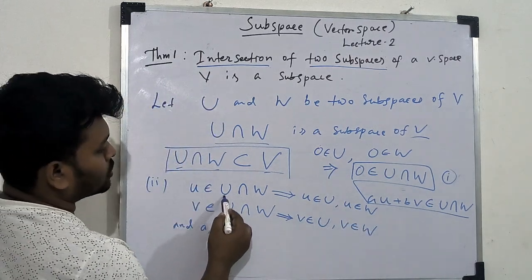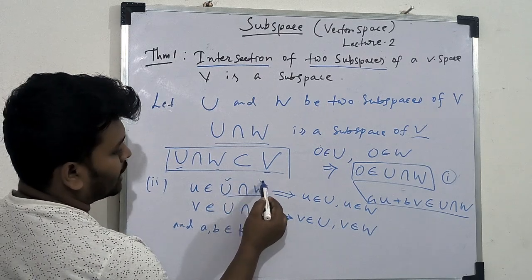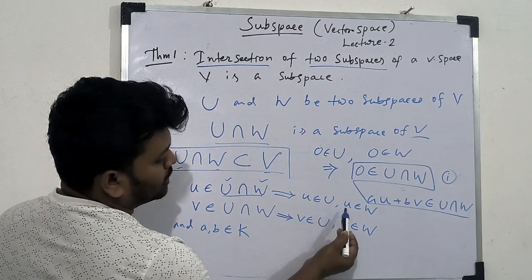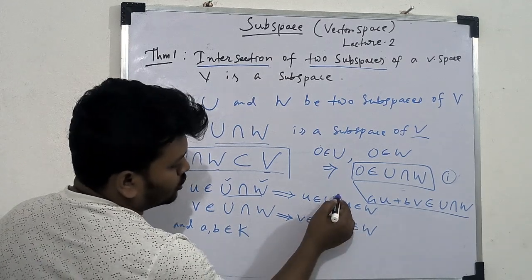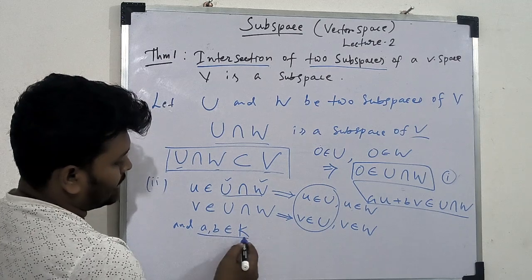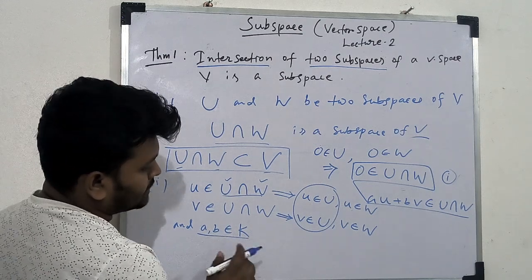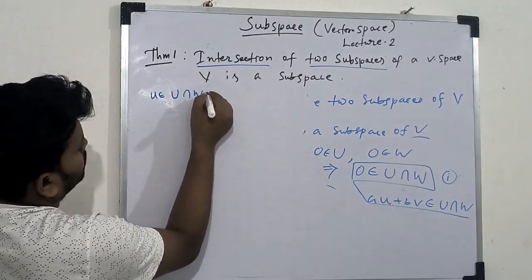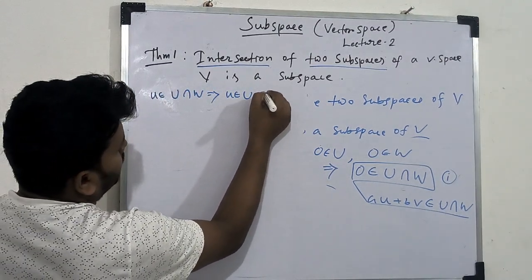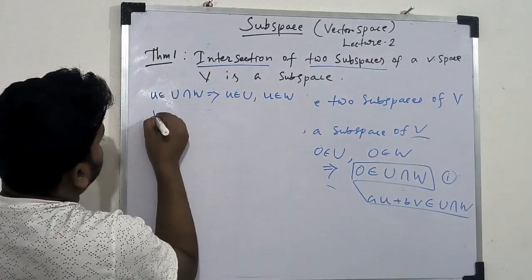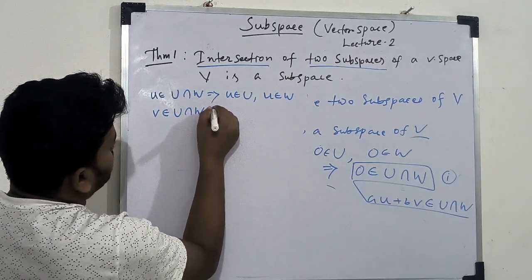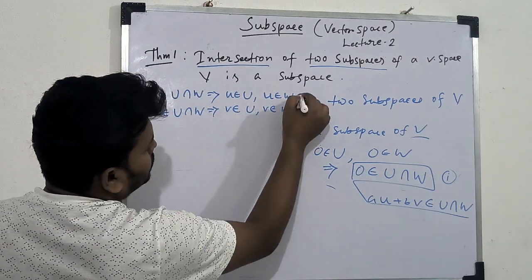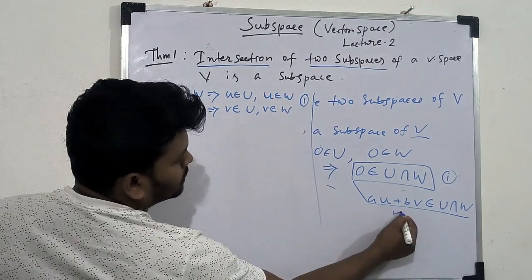So as u belongs to the intersection, it will be contained in U as well as W. Similar case will happen for v. And a, b are scalars in K. So u belongs to U intersection W gives u belongs to U and u belongs to W. Similarly, v belongs to U intersection W implies v belongs to U and v belongs to W. So this is the first step we have to prove.